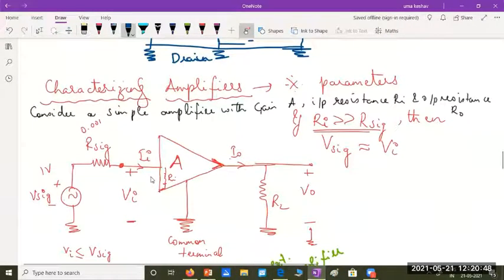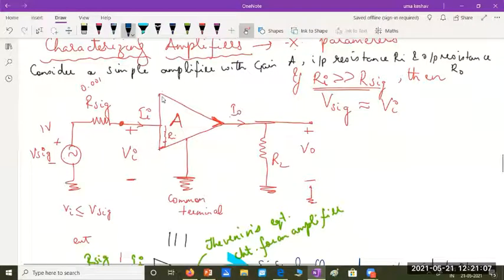Then we moved on to characterizing amplifiers. When we characterize amplifiers, we'll be talking about three important parameters. One is the input resistance, the second is the voltage gain, and the third is the output resistance. So we took a simple amplifier represented like this, a triangle arrowhead.